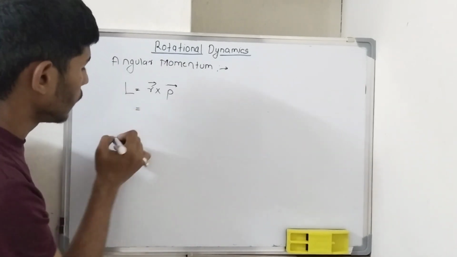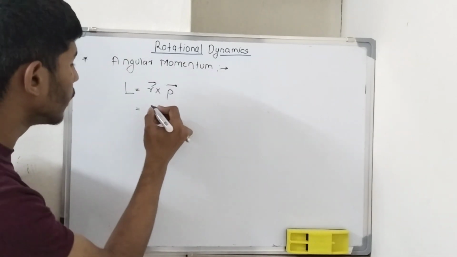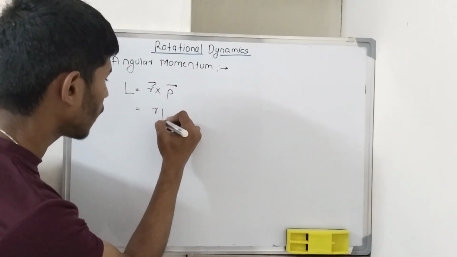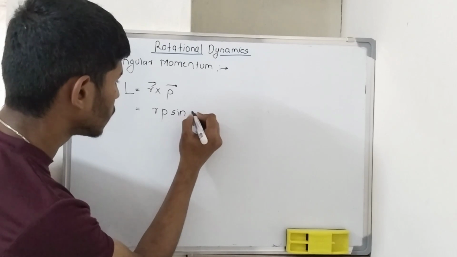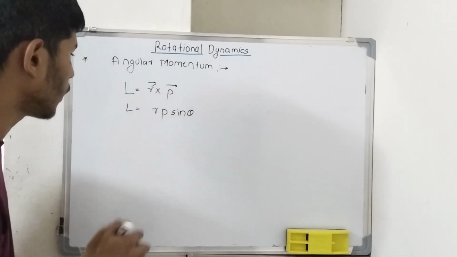If we have to find the magnitude of L, it is R p sin theta, equal to L.